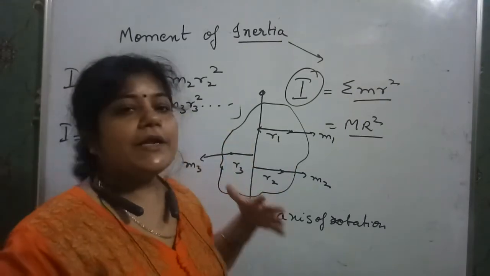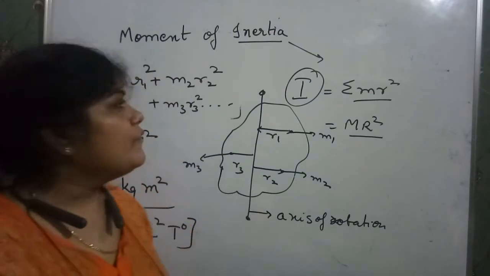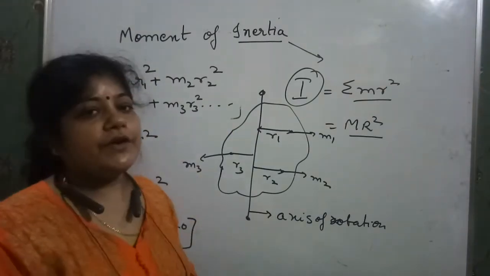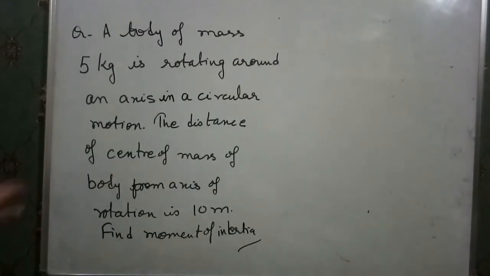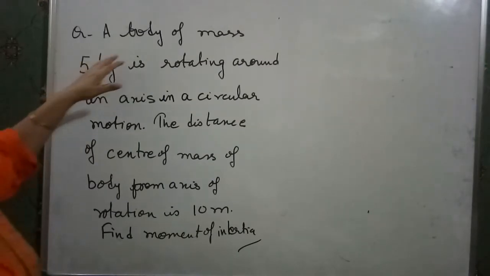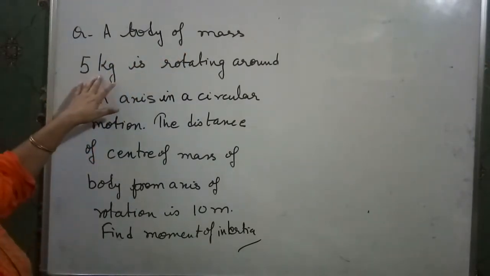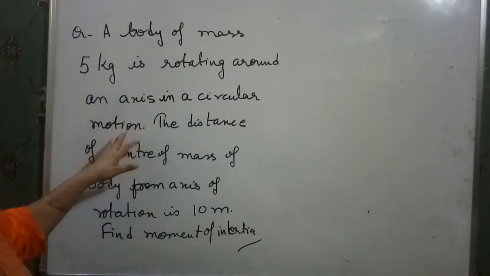Now I am going to explain simple questions based on this topic. How will you find the moment of inertia for different questions? Students, this is the very first question. A body of mass 5 kg is rotating around an axis in a circular motion.